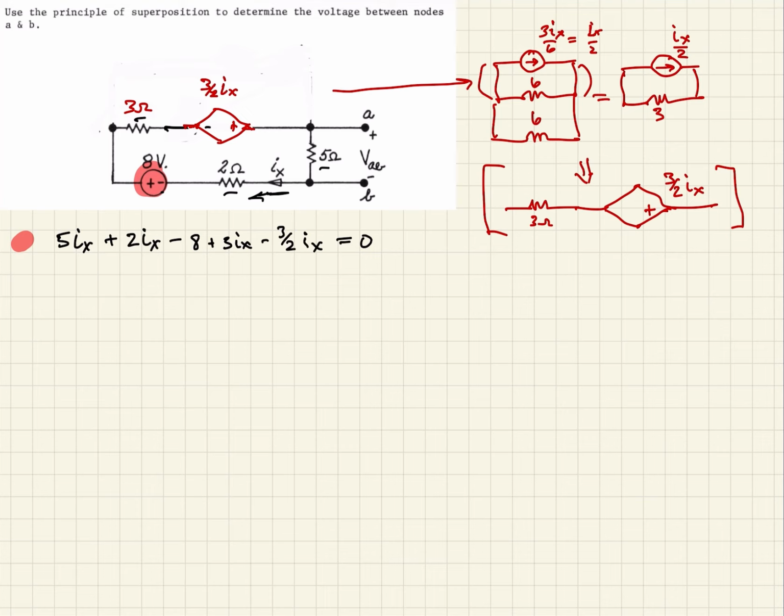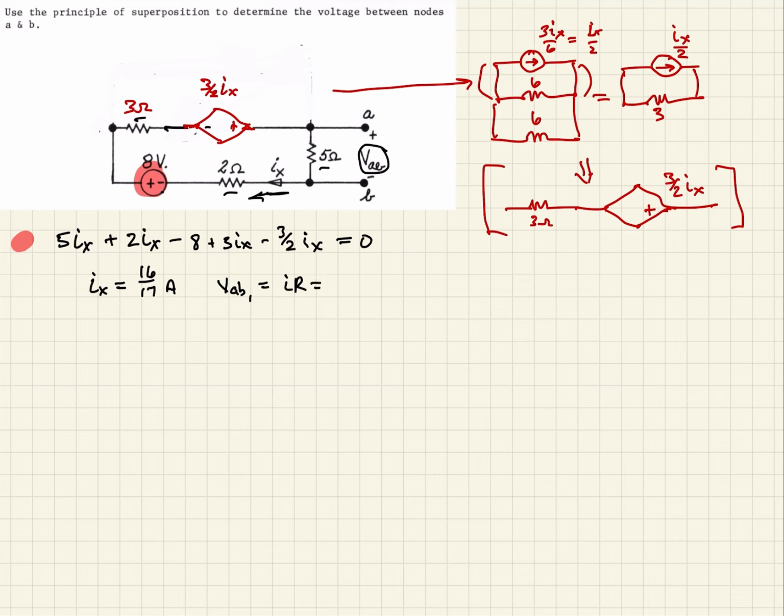So when we solve that, we come up with an ix that's equal to 16/17 amps. And so we also know that VAB, we'll call this number 1 right here, that's what we're looking for, by Ohm's law, it's just going to be IR.